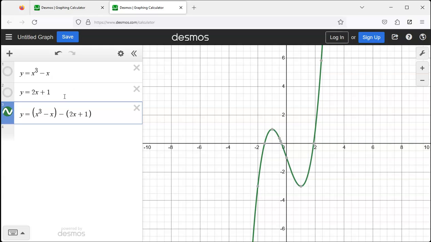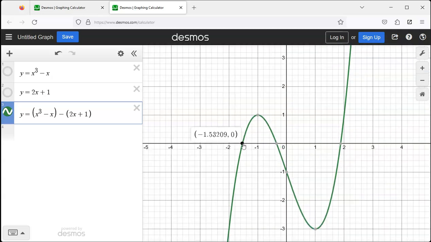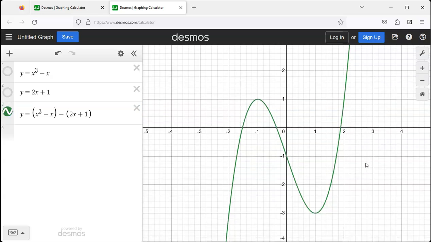Now these two are the same, which means subtract, you're going to get 0. So when do we have 0? Right here, and then right there. You're looking at the x-intercepts. And negative 1.5 something, negative 0.3 something, and about 1.9 something, yes, they fit.